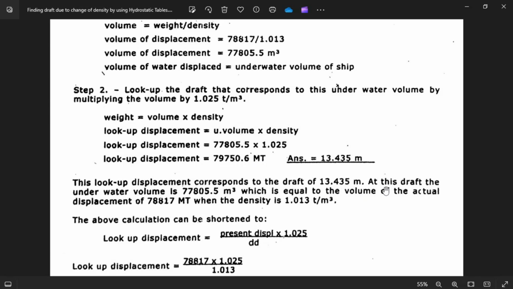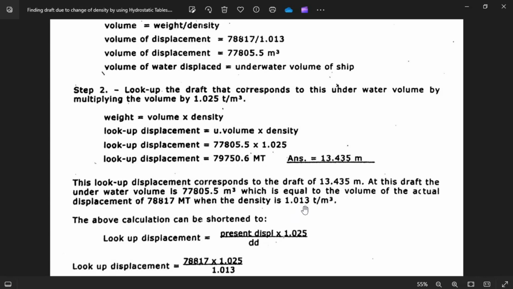At this draft of 13.435, the underwater volume is 77805.5, which is this one, which is equal to the volume of the actual displacement of 78817 when floating in a density of 1.013.